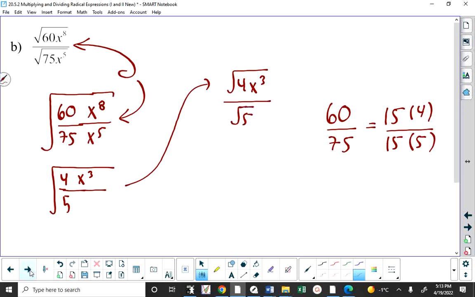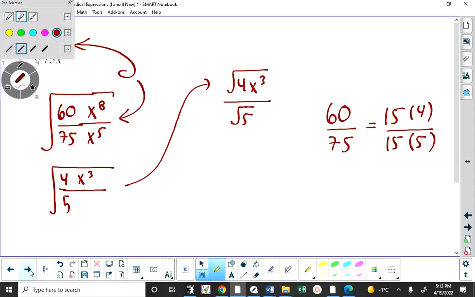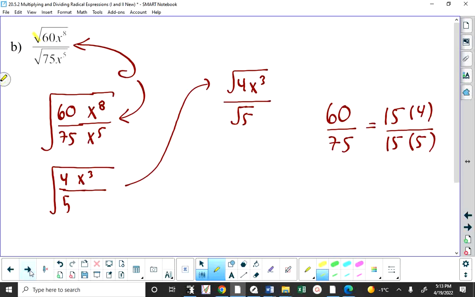So this is kind of interesting. We went from two radicals up here to a single radical. We did some work with the single radical, and then we went back to two radicals. Well, you didn't really need to put them as a single radical.